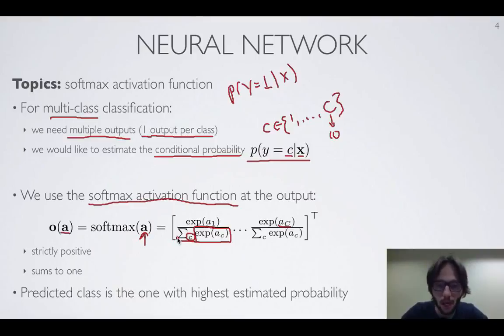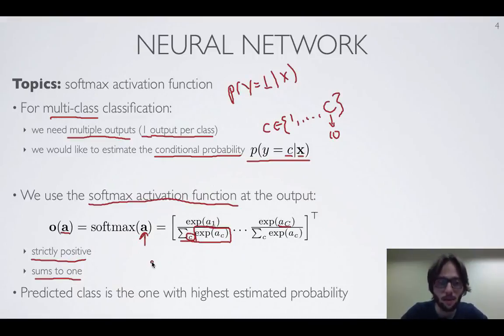Because we are normalizing our vector like this, dividing by the sum of the numerators, we are guaranteed that it will sum to 1. We're also guaranteed that it's strictly positive, because the exponential of any number is necessarily greater than 0.